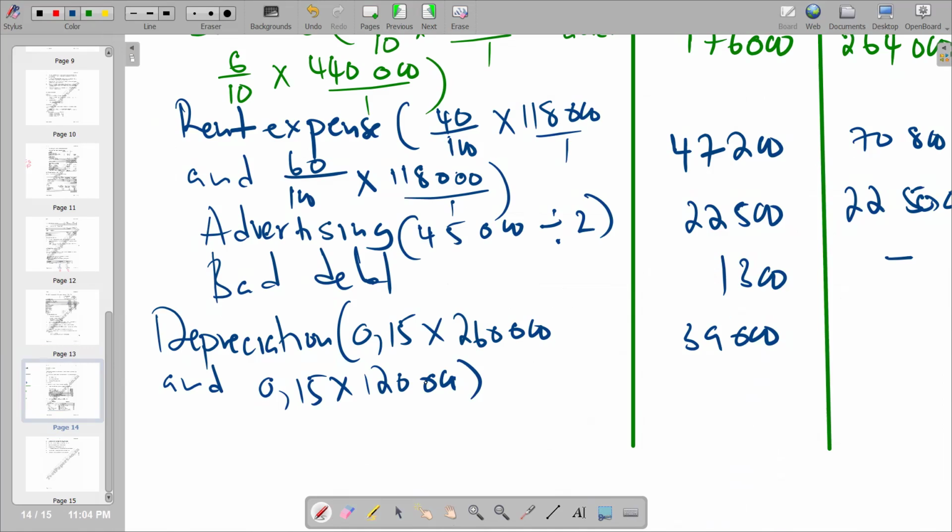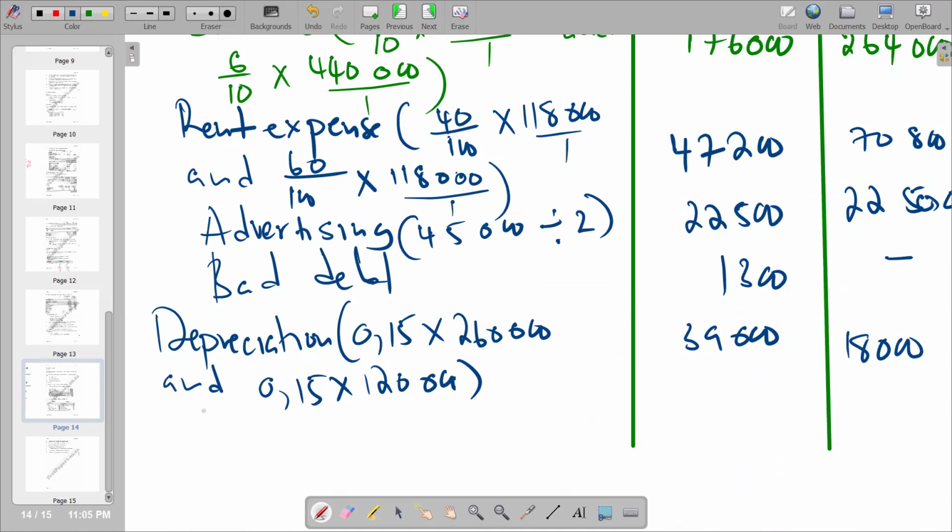So let's just see what we are supposed to get. 0.15, and then we multiply by 120,000, and we get 18,000. So we have 18,000. So that's what we have for depreciation on that part.